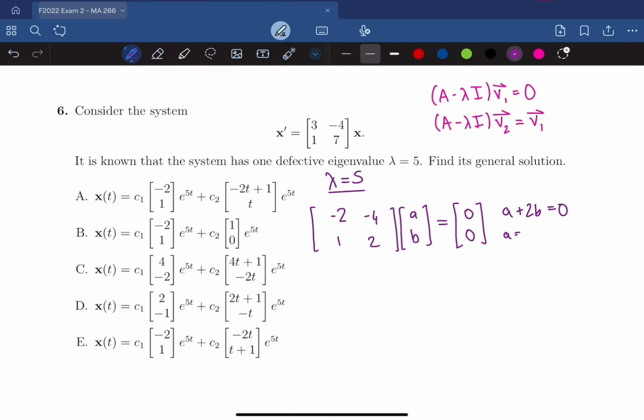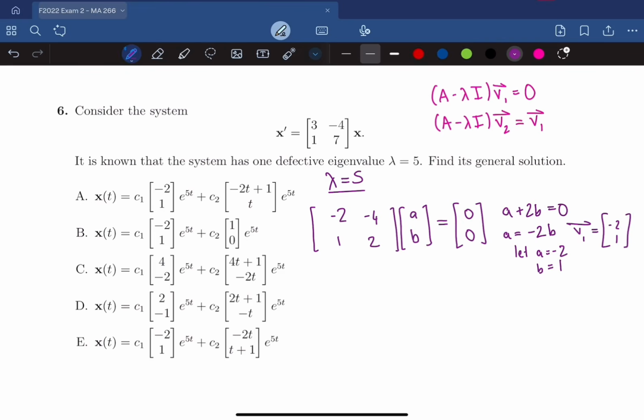You can say a equals negative 2b. To find the eigenvector, we can let a equal negative 2, which means b will be 1. Which means we can write our first eigenvector v1 as negative 2, 1.